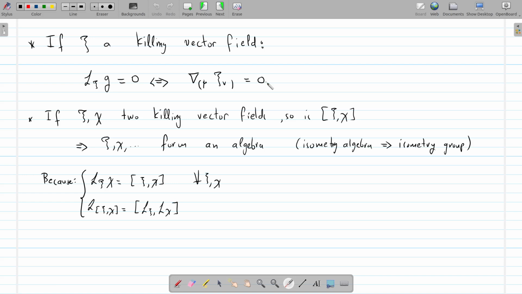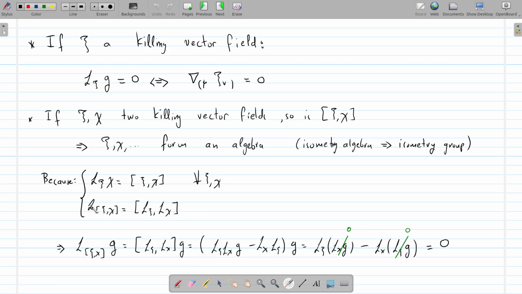The reason why this property exists for Killing vector fields is that the Lie derivative has the two properties shown here. The Lie derivative of a vector field with respect to xi is equal to the commutator of the two vector fields, and moreover, the Lie derivative with respect to the commutator of two vector fields on anything, not just on vector fields, is the same as the commutator of the two Lie derivatives acting on the same object.